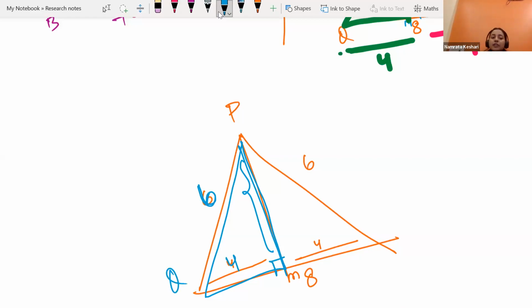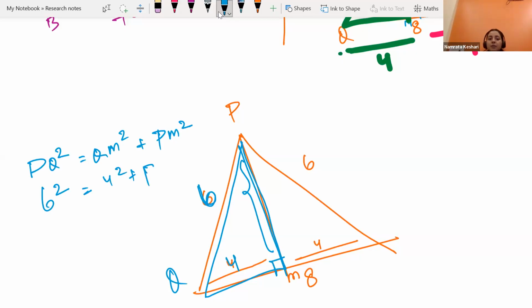Pythagoras says that hypotenuse square is equal to the base square, like QM square, plus PM square. Hypotenuse is 6, so 6 square is equal to 4 square plus PM square, and from here we will be able to take out PM. Yes or no? It's crystal clear so far.